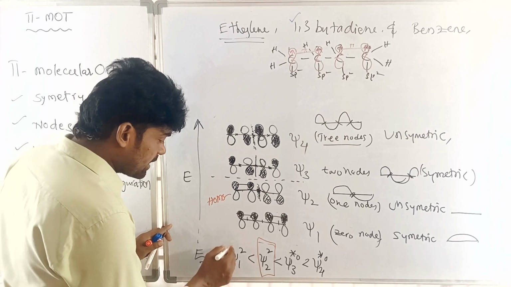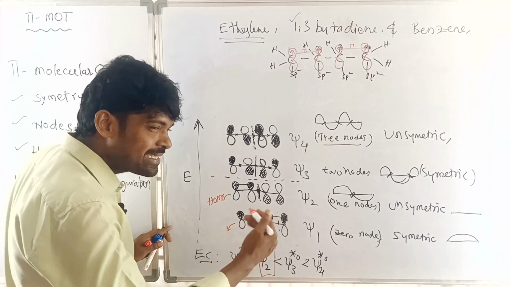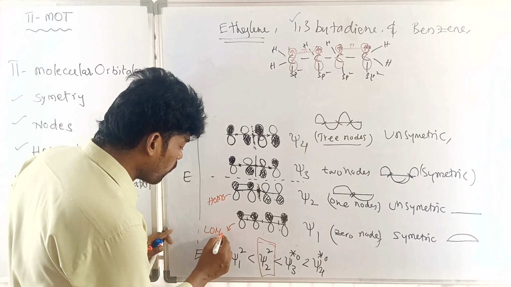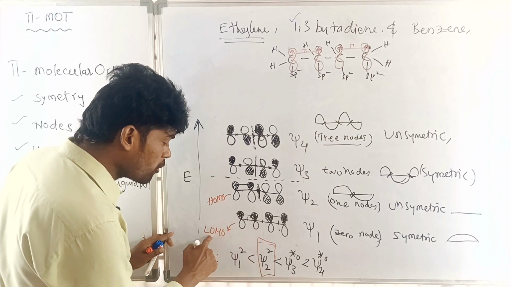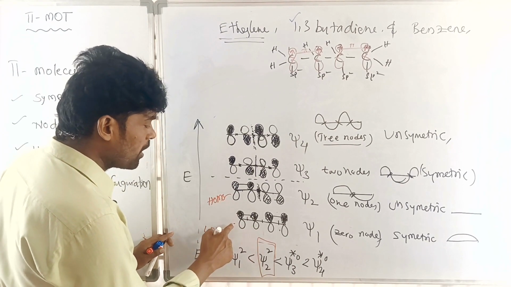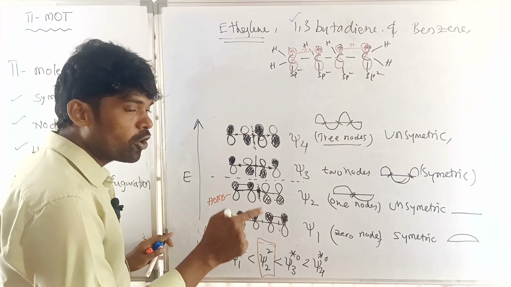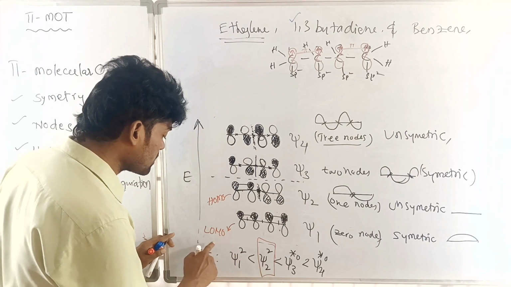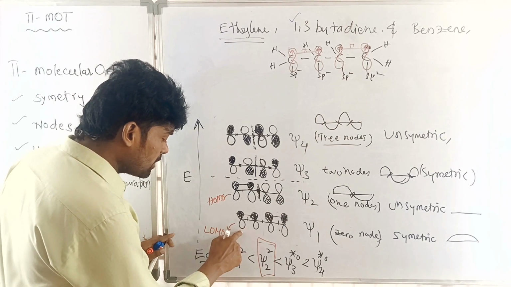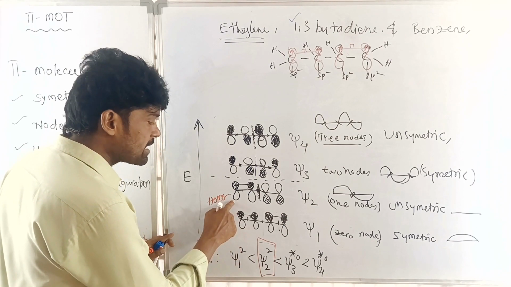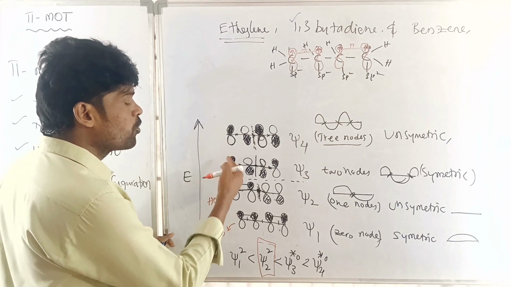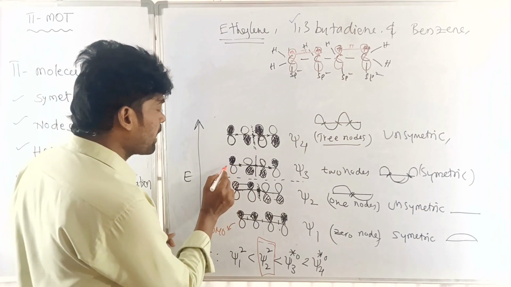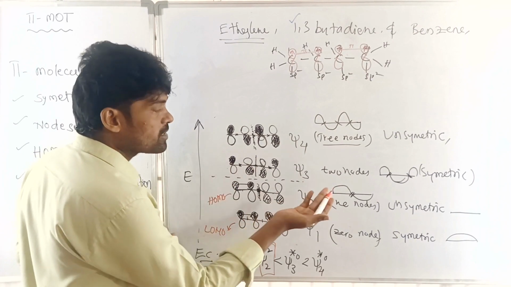Psi 1 is the lowest occupied molecular orbital. I am talking in the case of occupied with electrons. That's why I am mentioning this. This is the lower energy with electrons. This is the highest energy with electrons. After this, no electrons. Coming to psi 3, no electrons are there.